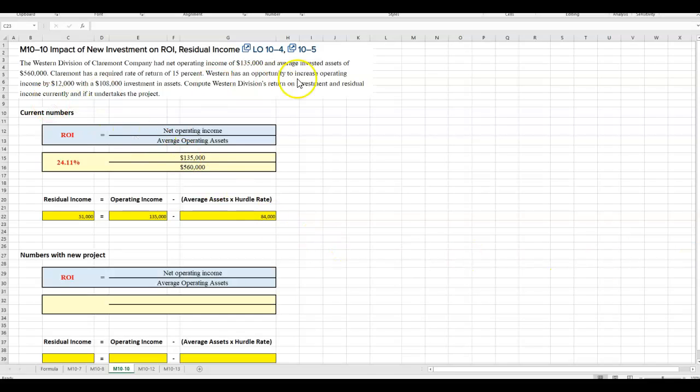I'm going to increase my operating income by 12,000. So I'm going to take my operating income here and I'm going to add 12,000 to it.